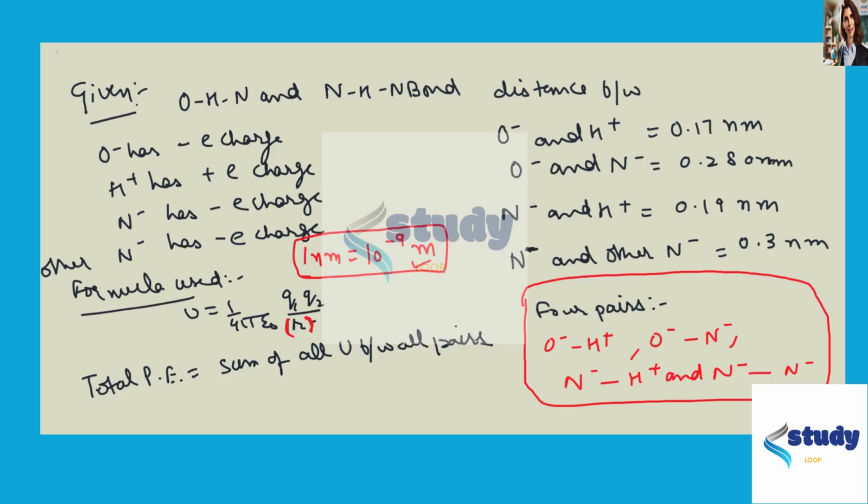Let me write the formula again, so as not to confuse it: 1 over 4 pi epsilon naught, Q1 Q2 over R. That's the potential energy between any two charges Q1 and Q2 separated by distance R. Let's calculate part A first.